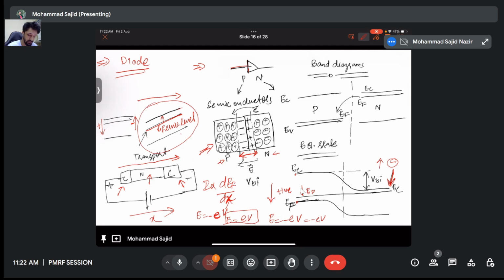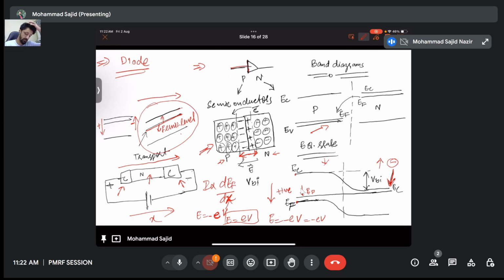So we had discussed some band diagrams. Let's say this is a material which has a band diagram like this, and these Fermi levels want to match. So electron transfer occurs from the Fermi level at higher energy to the Fermi level at lower energy. So we get an equilibrium state.